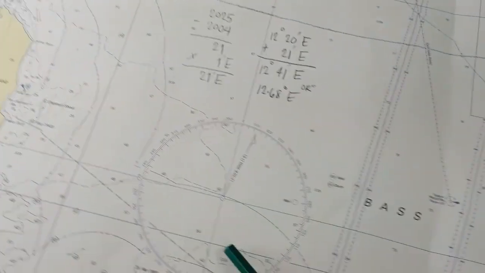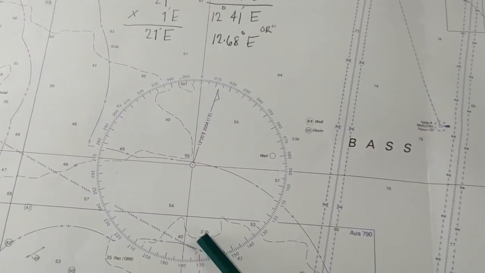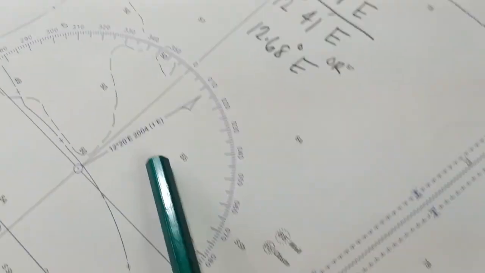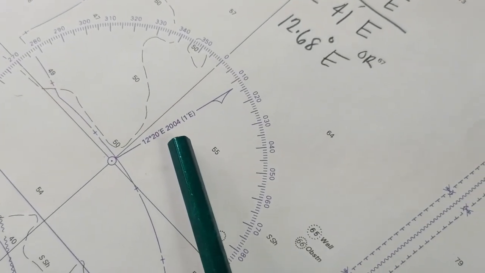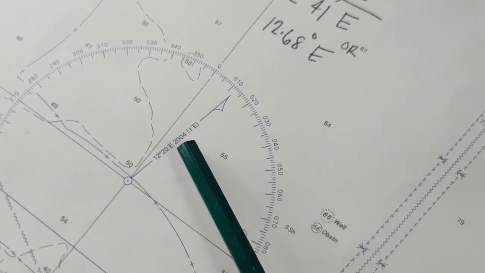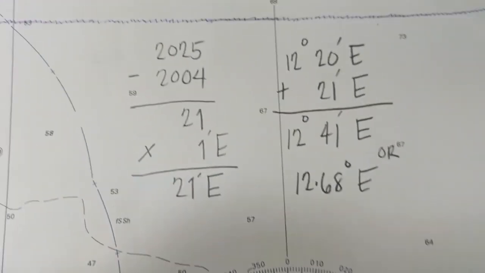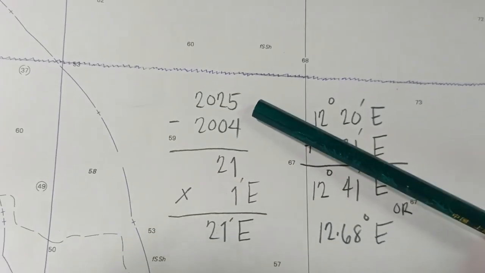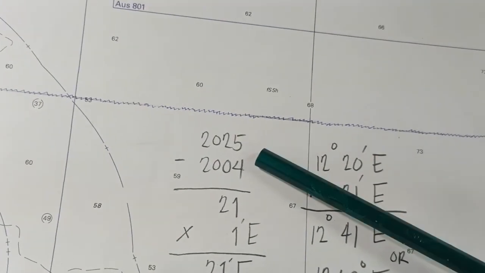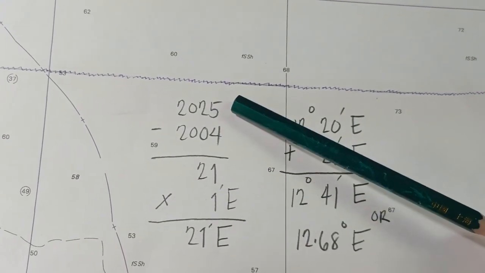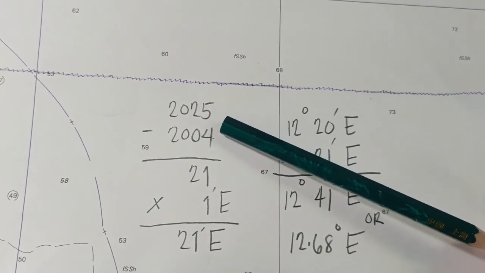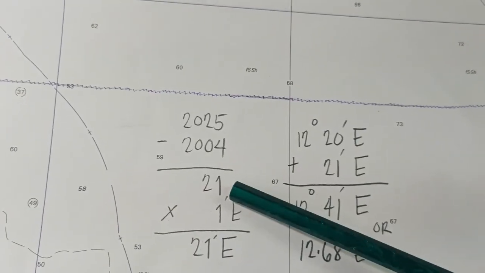Okay, so how are we going to calculate the magnetic variation, guys? This is on the year 2004, right? Now we are on the year 2025. So just subtract the year, guys, so that you can interpolate the annual variation correction. So 2025 minus 2004, that is 21 years already.